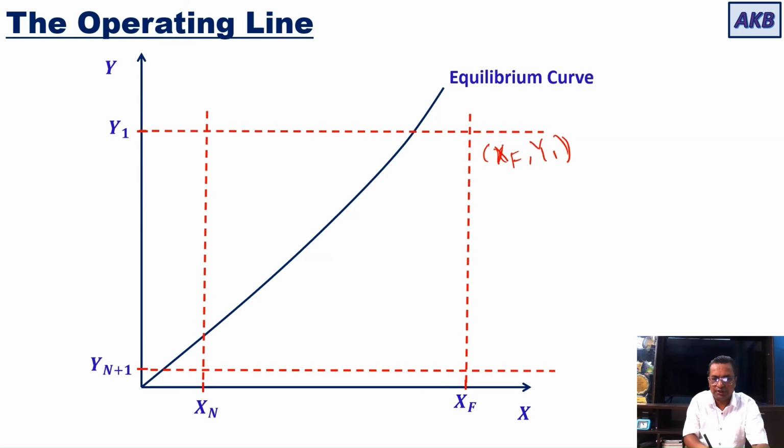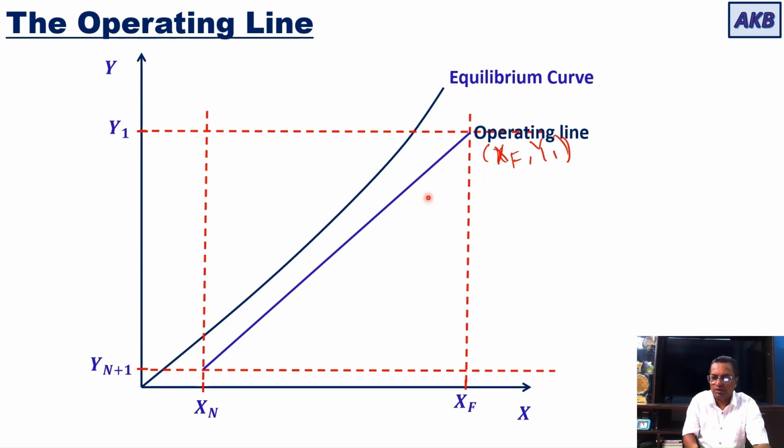Whereas if you look at this point, the coordinates of this point are xn, yn plus 1. So this point is representing the end where solvent is entering into the operation, or where final raffinate comes out of the operation. This point represents the end at which feed is entering into the operation, or final raffinate is coming out of the operation. So having understood the location of these points, the operating line has to be of this nature.